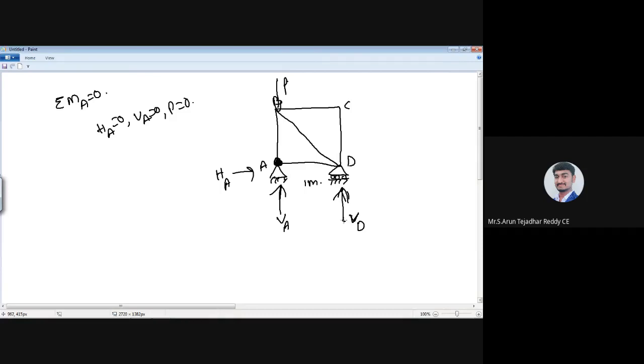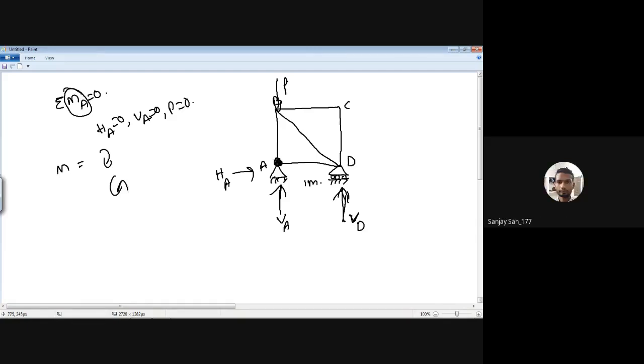Once you observe VD, while you are calculating the moment, check whether it is going in the clockwise direction or the anti-clockwise direction.